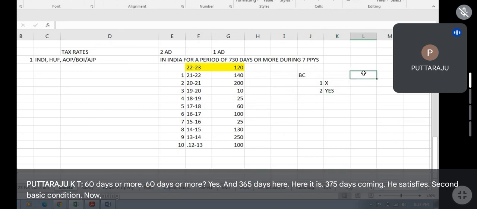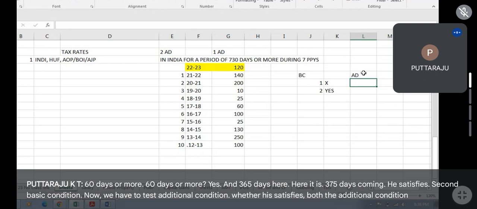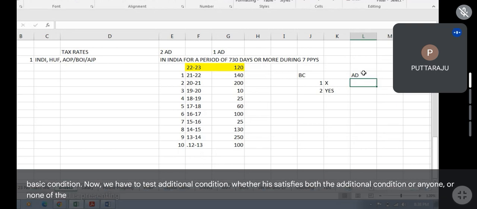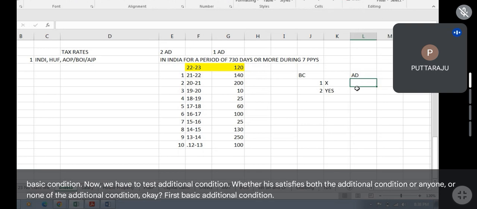Now we have to test the additional conditions, whether he satisfies both the additional conditions, any one, or none. Okay, the first additional condition. What does it say? He should be resident in 2 previous years out of 10.